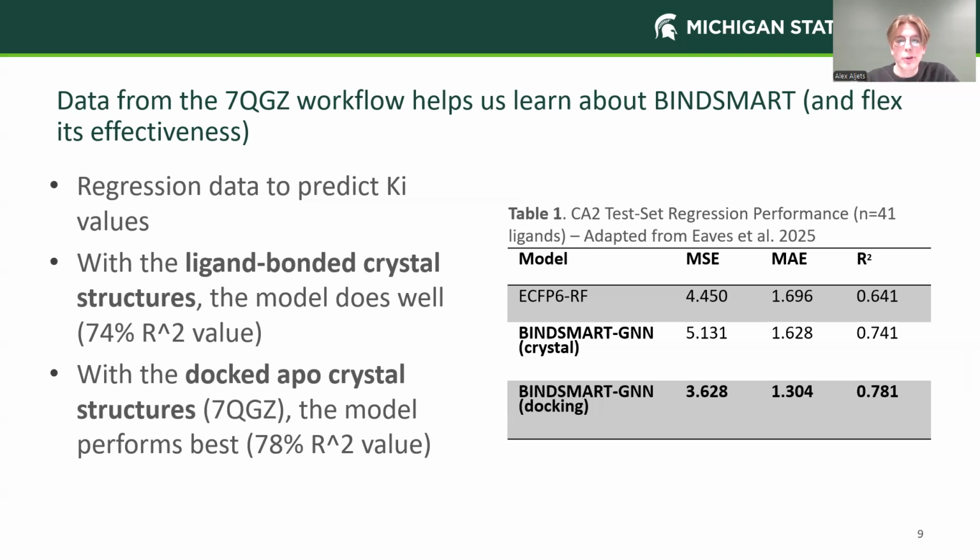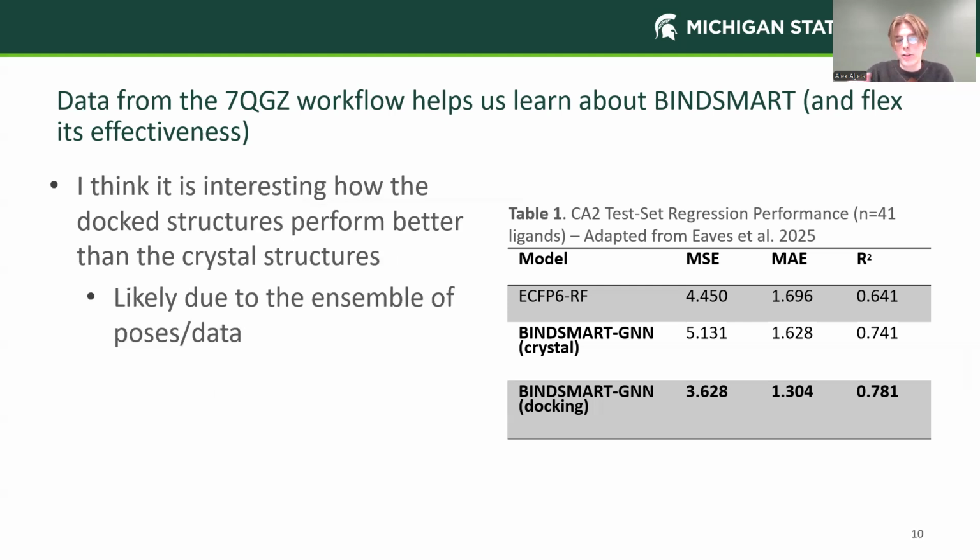Both of those pretty significantly outperformed the purely ligand-based regression methods. And the best one was the ECFP, which had like 64% R squared, as you can see.